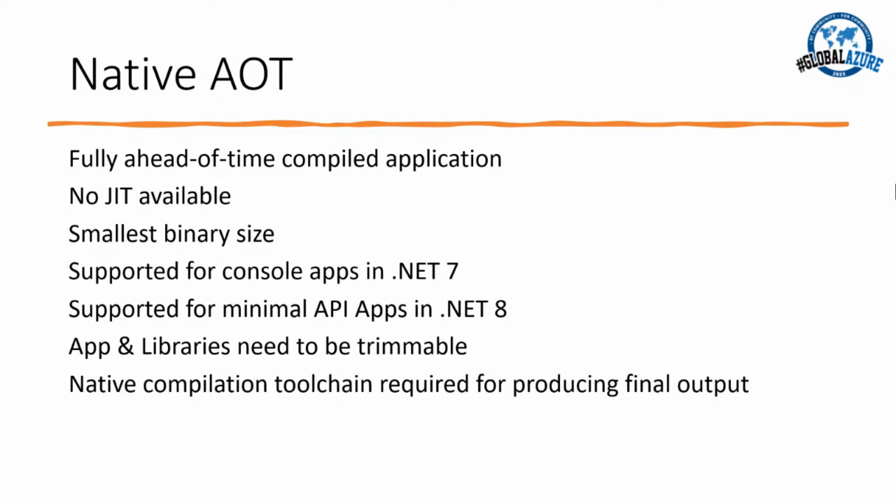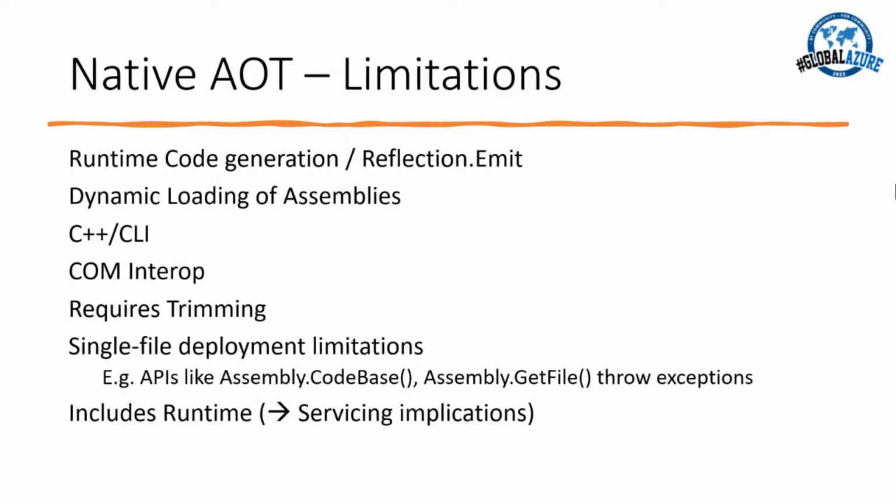However, you still need some native compilation tool chains. So on Windows, you might need to install the C++ workload of Visual Studio. On Linux, you need access to the platform linker, because that is used for producing the output. It's just native platform-specific code. There are some limitations. Again, there's no JIT available, so everything that does runtime code generation, reflection emit just doesn't work.